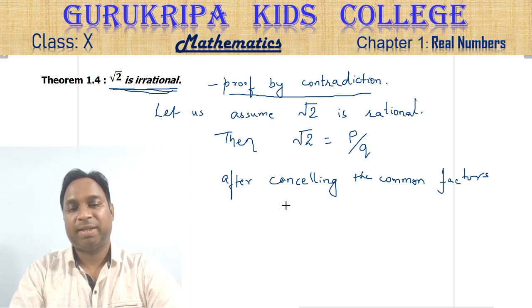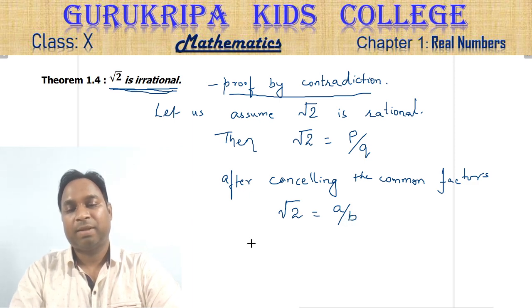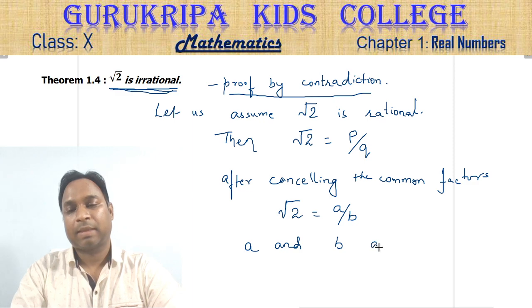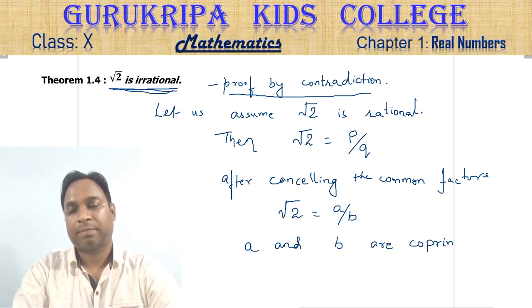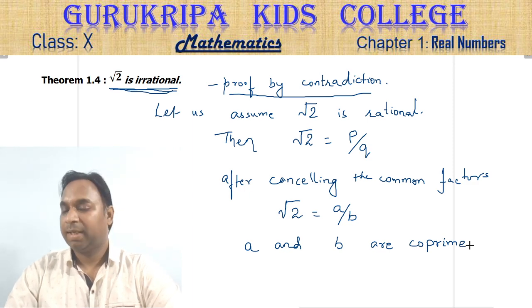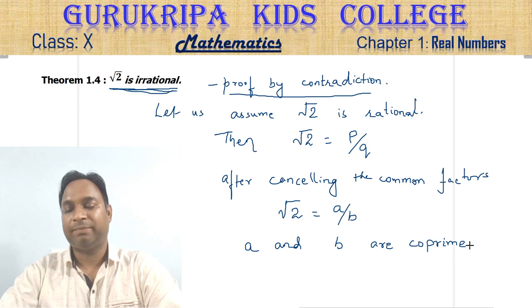After cancelling everything that was common, let's write square root 2 is equal to a divided by b. And now a and b are co-prime. There is nothing in common between a and b. You cannot cancel out anything from a and b.